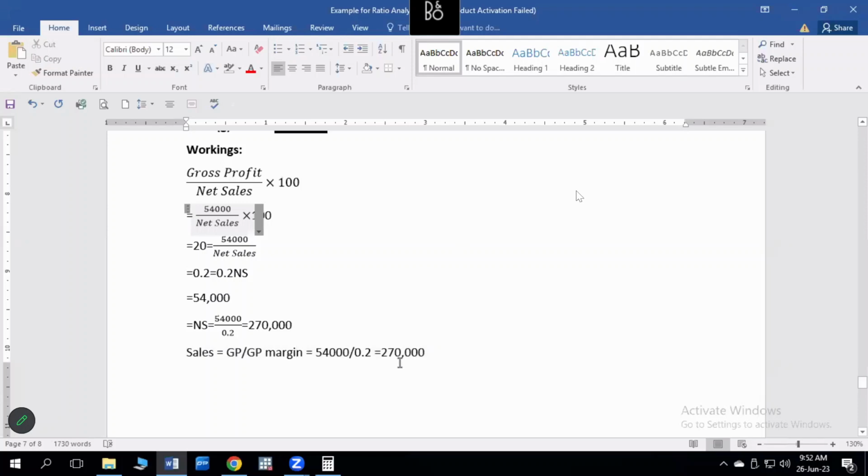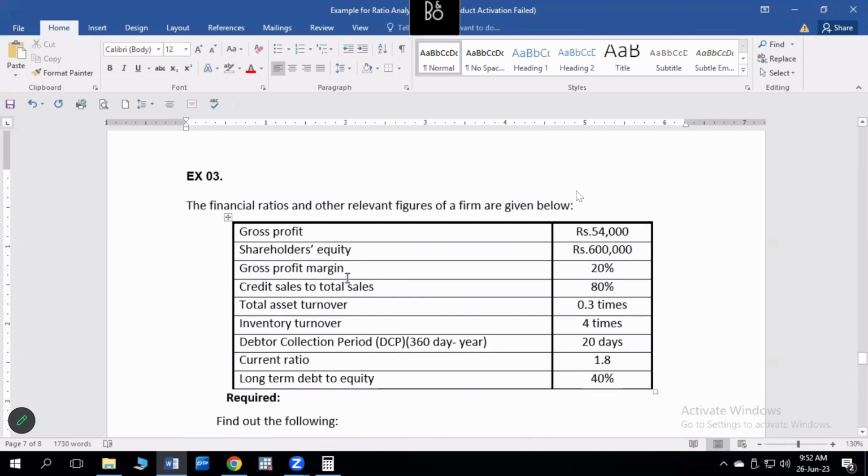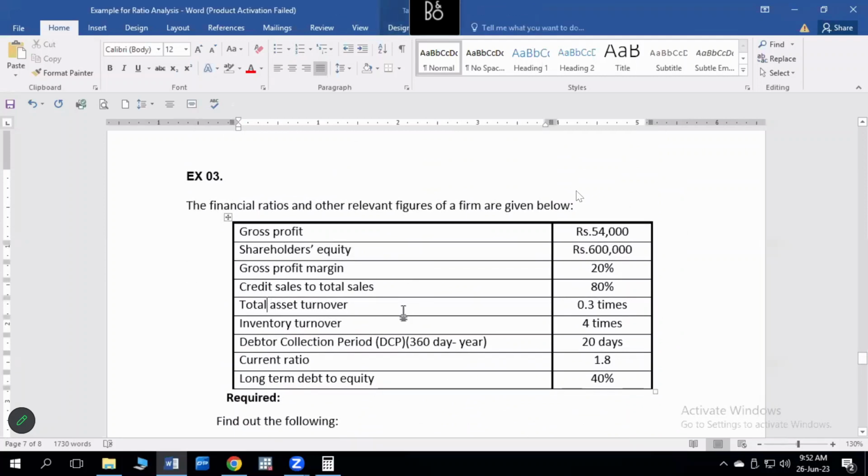Right. Now you have found that 2,70,000 is sales. So then you apply the total asset turnover, 0.3 times, to find out the total assets.